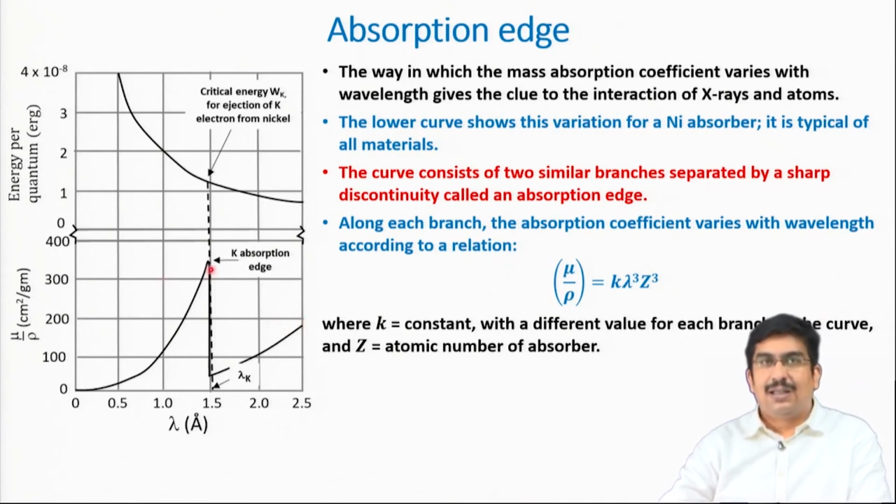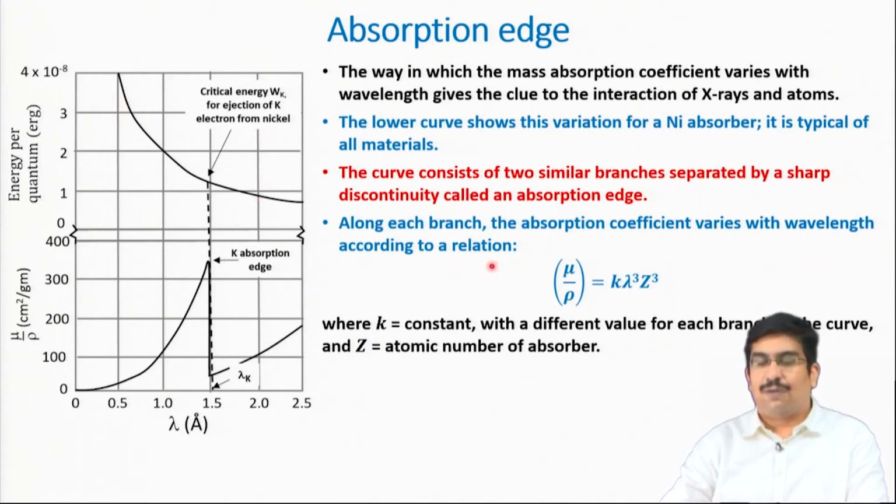So, even if we do not consider the absorption edge, the mass absorption coefficient of shorter wavelength X-rays is much higher than that of longer wavelength X-rays. That means X-rays which are much more energetic, or high energy X-rays, can be absorbed more, and less amount will be transmitted or penetrated through anything.